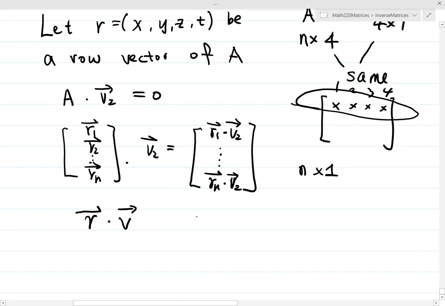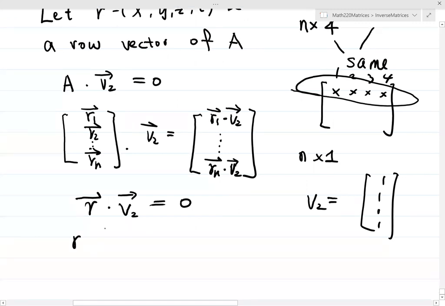Remember V2 is the vector 1, 1, 1, 1, and R is x, y, z, t. So R dot V2 is x plus y plus z plus t equals 0.